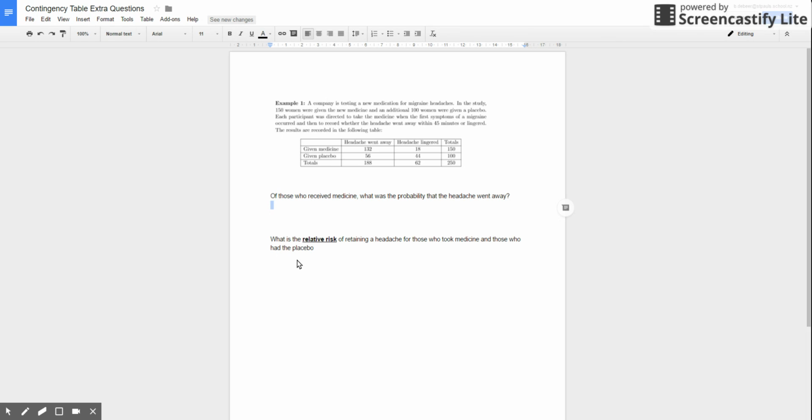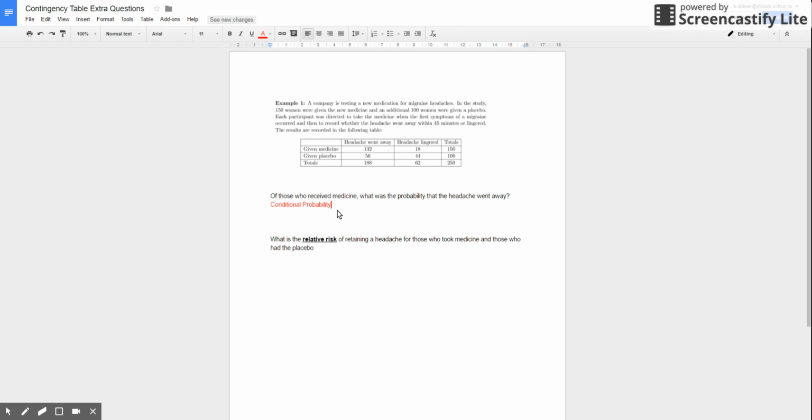But first, this is a question that leads into it. You can see how it's related. This is called conditional probability. Let's just write that over here. Conditional probability. If you've read this with the PowerPoint slides and made some notes, this is not talking about the total population. Our total population is 250.